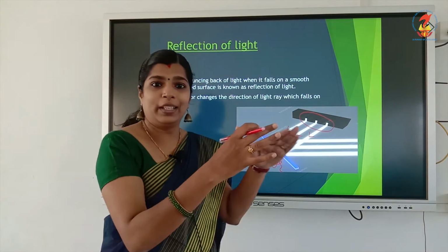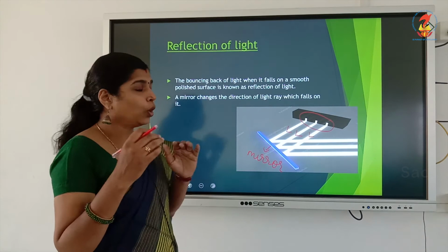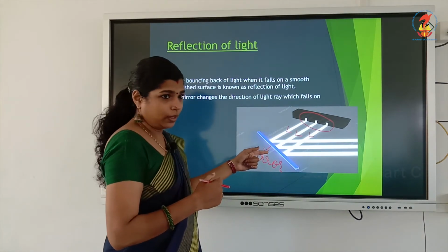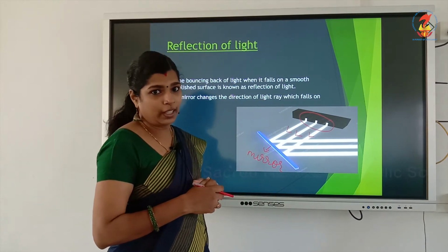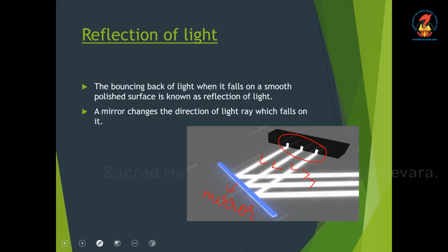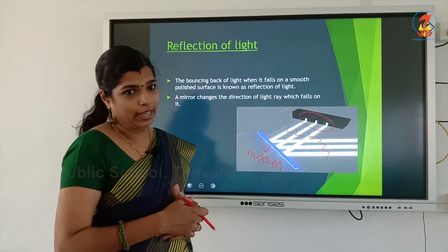It will be reflected back, or bounced back. It will change the direction of the light. So, this is the direction of the reflected light. That is known as reflection of light.